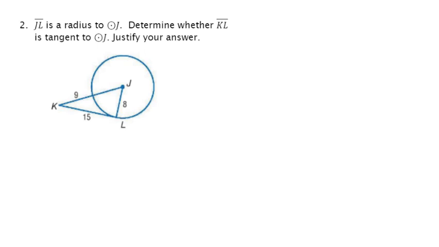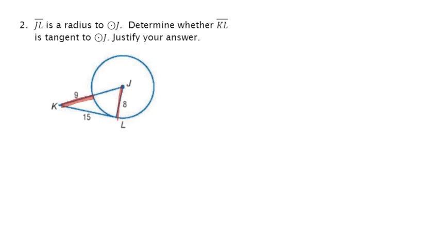Notice it says JL is a radius. Determine if KL is tangent. Notice they don't tell you what KJ is. We have this little piece that is 9 here.